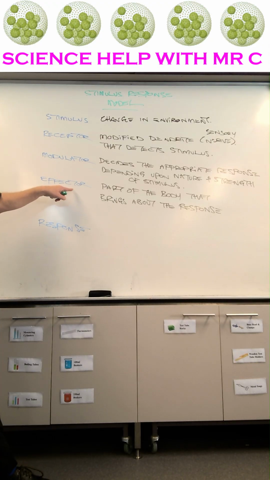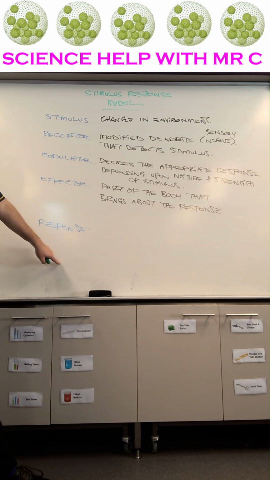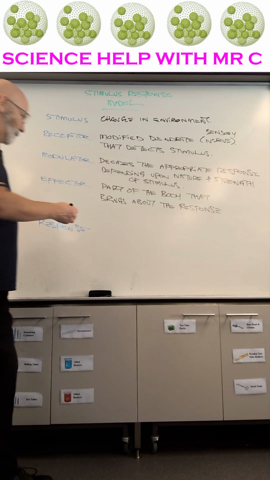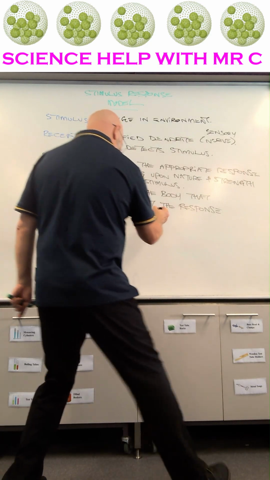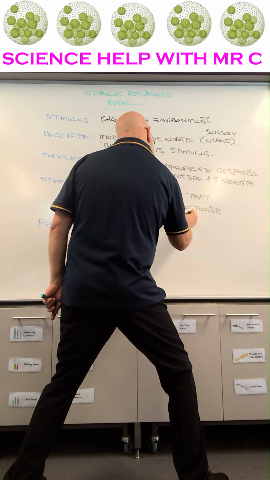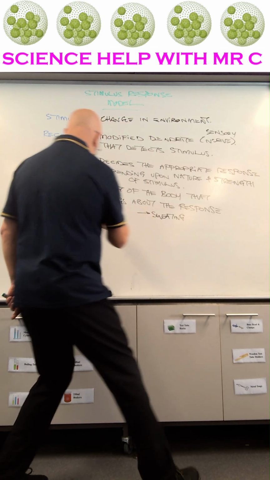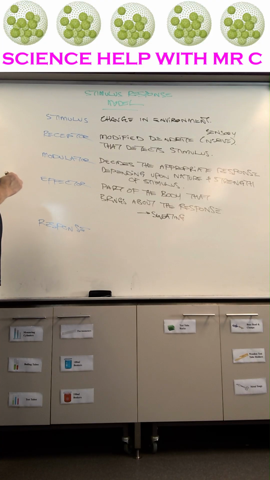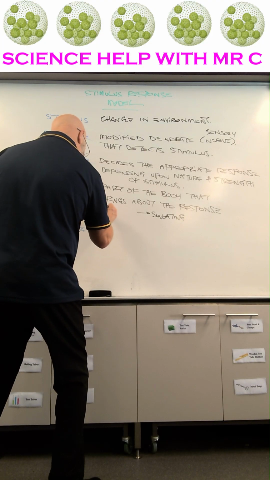They don't identify what is doing the action that is going to bring about the response. For instance, if you are going to sweat, sweating is a response. The thing that does the sweating is the effector. So the effector here is sweat glands.